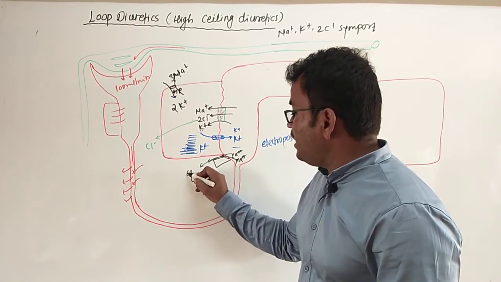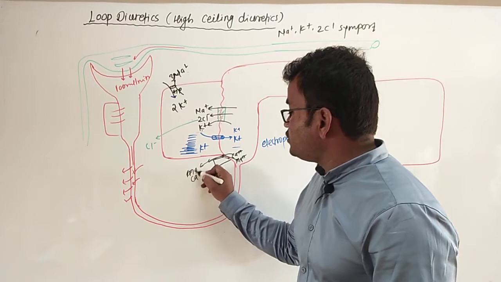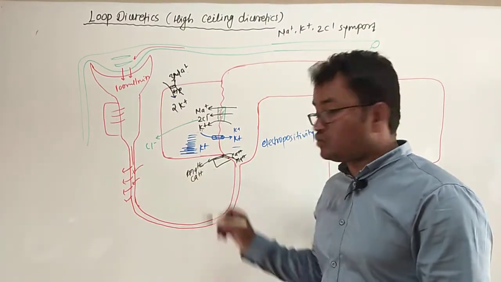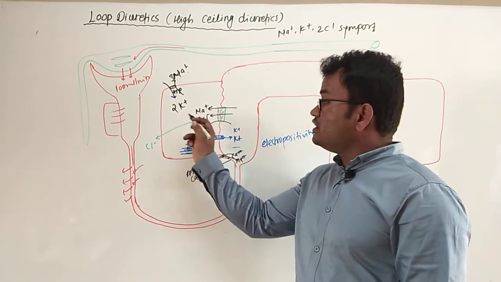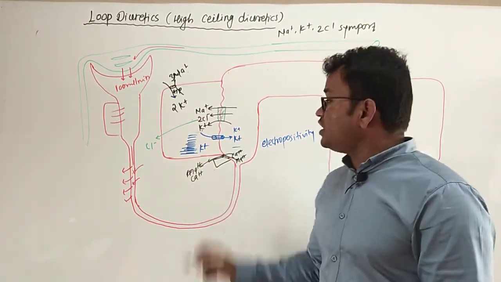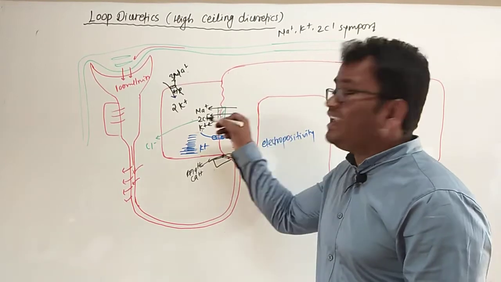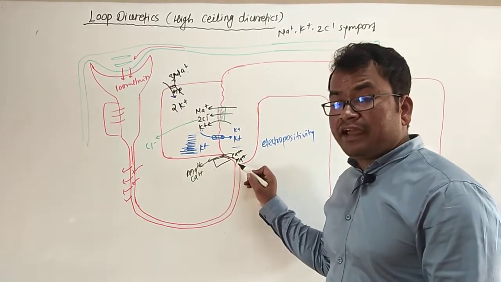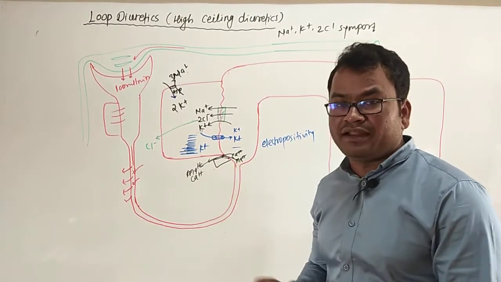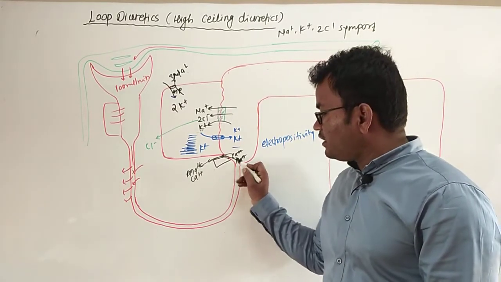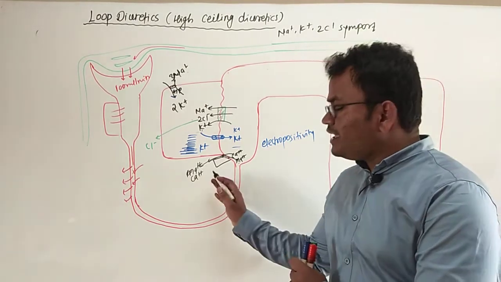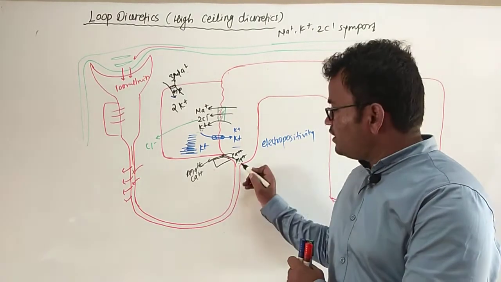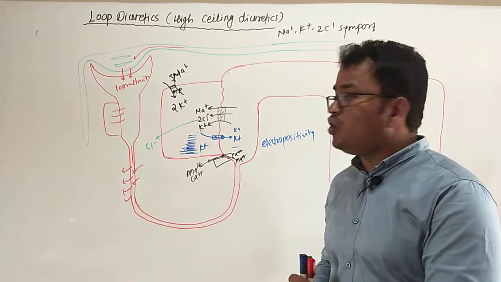Here calcium and magnesium are transported into the medullary interstitium through paracellular transport, while sodium chloride is intracellular. They cross the cell membrane, but calcium and magnesium don't cross the cell membrane; here they are reabsorbed through paracellular transport into the medullary interstitium. So here calcium and magnesium absorption also takes place.